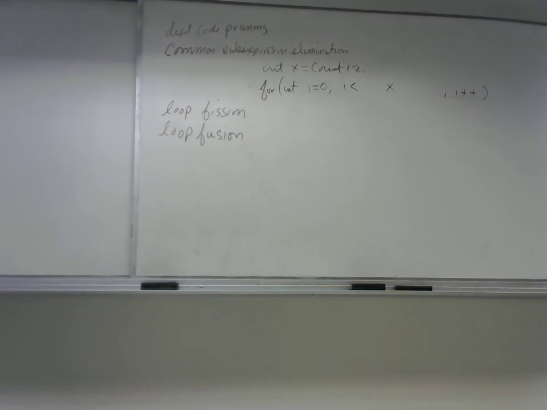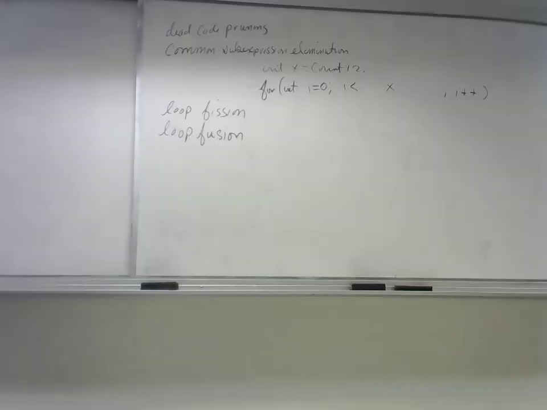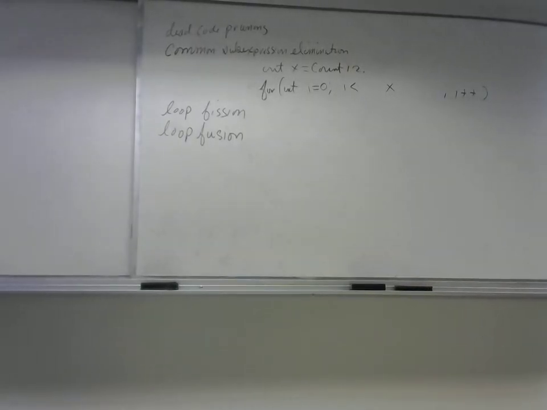Nobody? Loop fission is when you break up a loop. Why would you break a loop? You haven't eliminated loops, but you've broken it up. So maybe you have a for loop with 10 lines of code and you make it into a for loop with 5 lines of code. Why would you do that? Anybody think of a reason why?